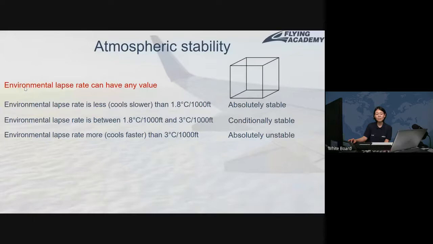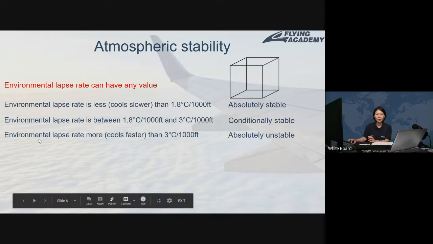However, if this environmental lapse rate is less than 1.8 degrees Celsius, the outside air is too warm, so the air parcel cannot be pushed up. So the air is stable.